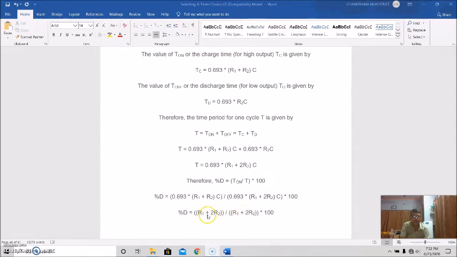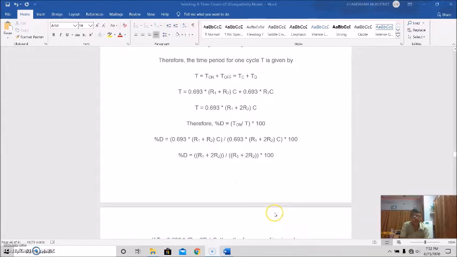So percentage D will be (R1 plus R2) divided by (R1 plus 2R2), into 100.